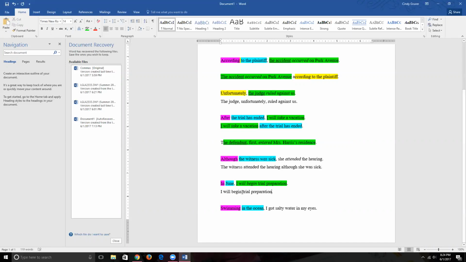Now, how about this one? This is better: "I, in June, will begin trial preparation." Rule 5 doesn't tell us to put these in commas, but you can see that without them this would be very confusing.